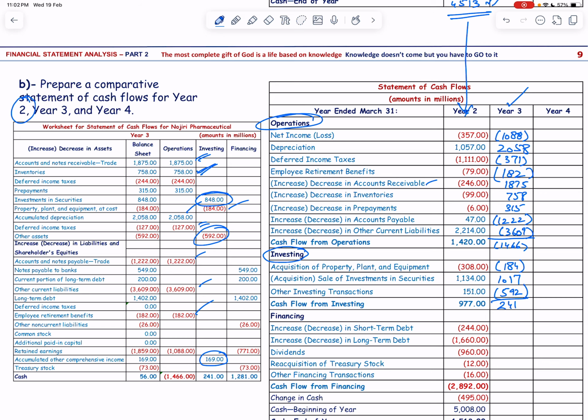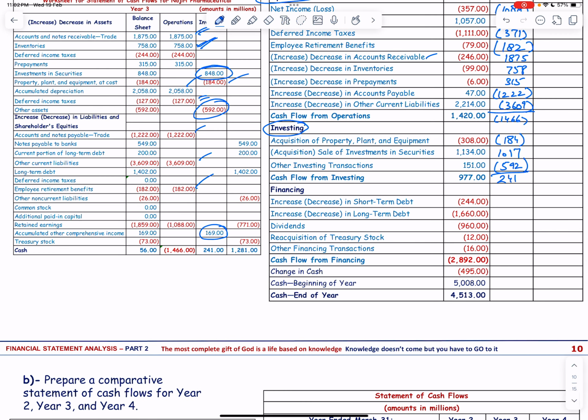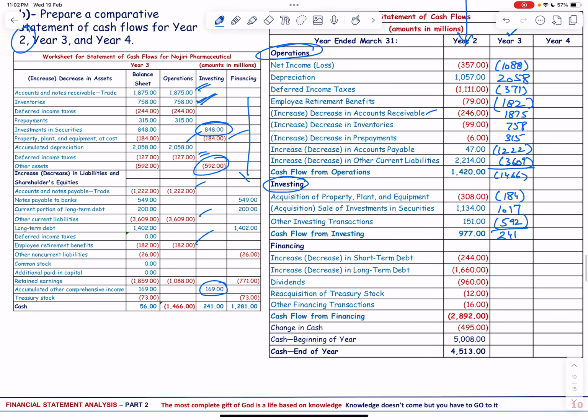Next we go for the financing activities, and we look for the financing column. Here you can see increase or decrease in the short term debt, and that is 549. Next we come to the increase or decrease in long term debt, that is 1602. Then we have the dividends of 771 in brackets.